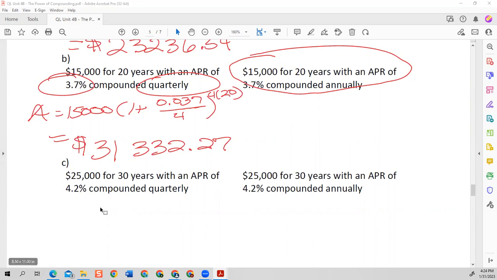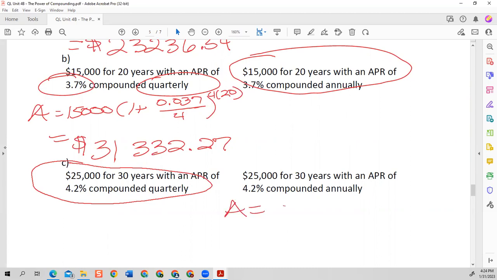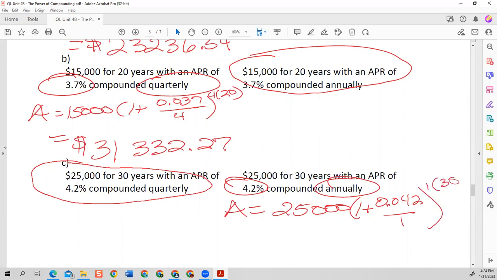All right. So I want to do this one in our discussion, and let's go to this one. So 25,000 times 1 plus our APR compounded annually divided by 1, raised to 1 times 30.